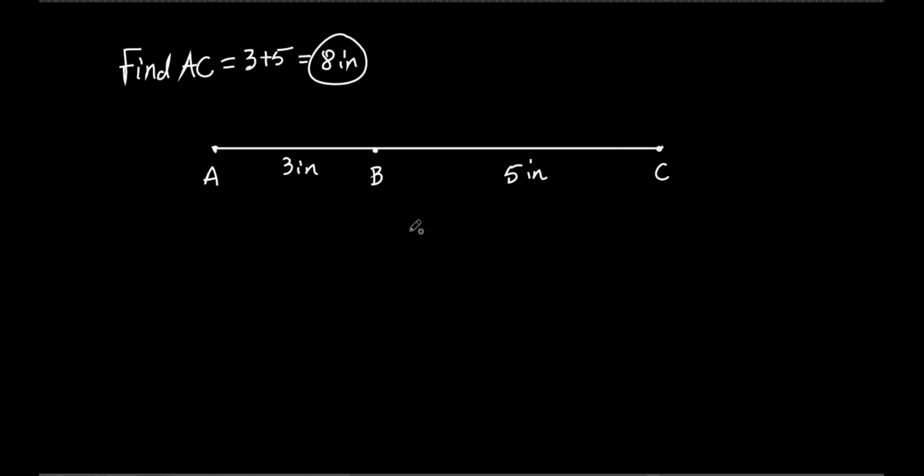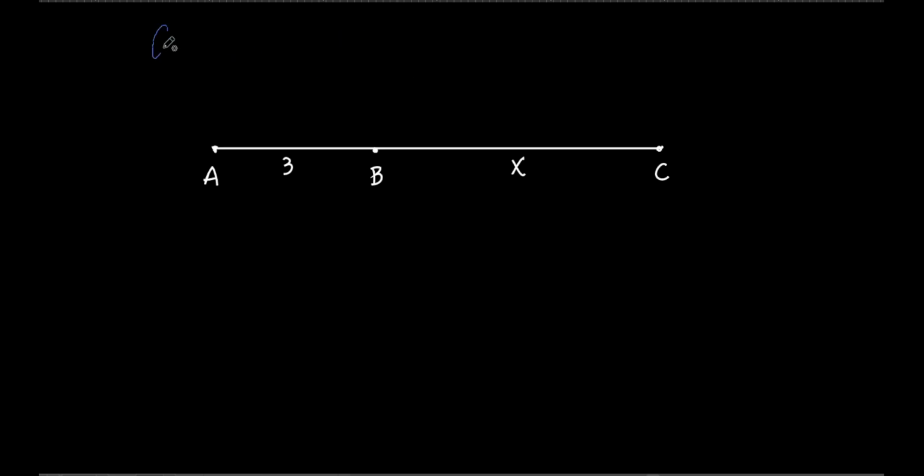What if they did this? I'm going to get rid of the inches. Is that all right? Just kind of gets in the way. I'll keep that 3. What if I don't know this? I'll call it X. But what if they tell me what AC is? A lot of times they say given.